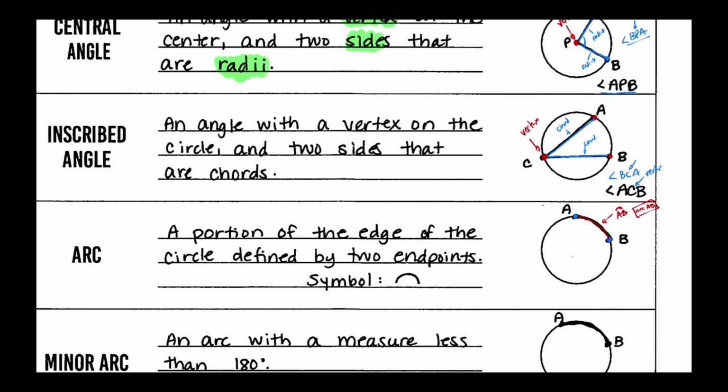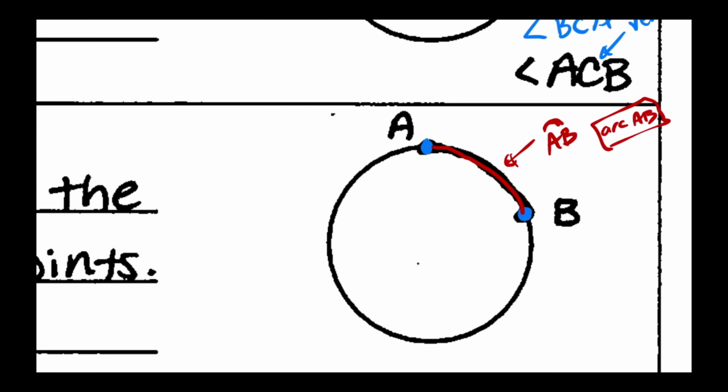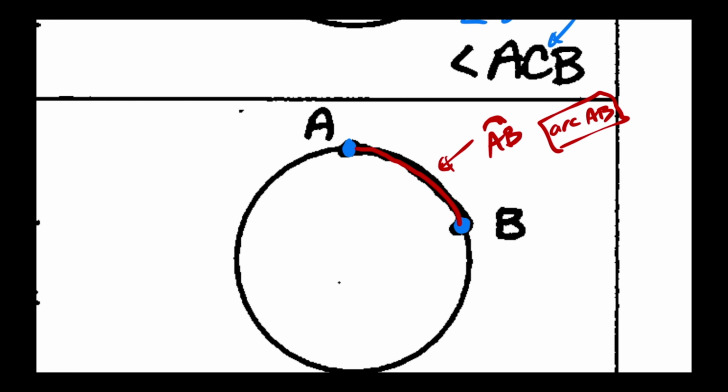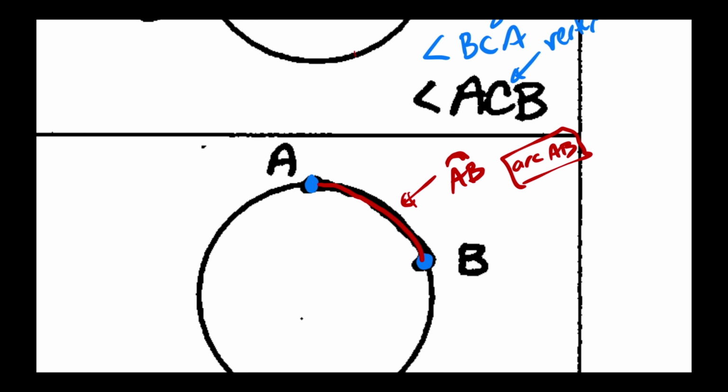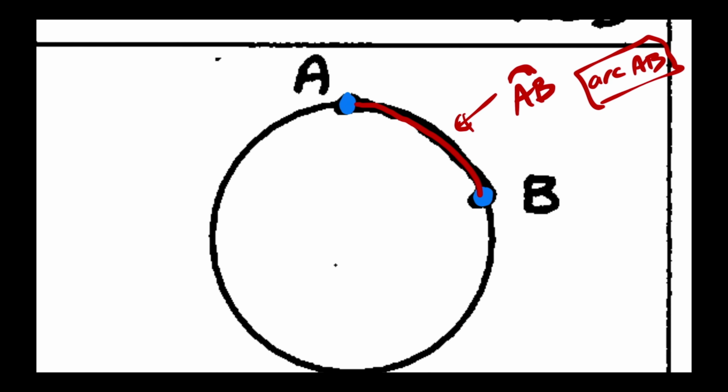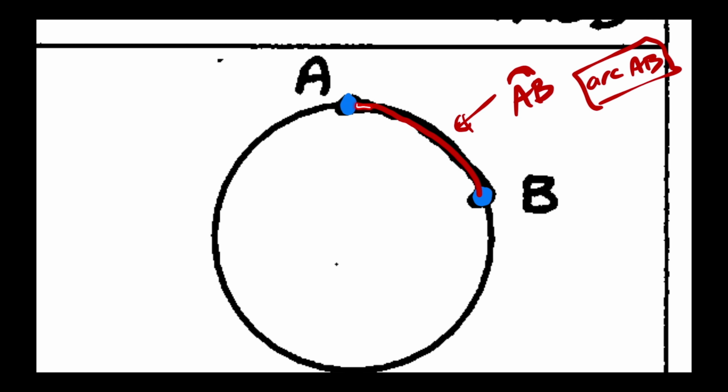Now, some of you are saying, Mister, there's two ways we can go. If I have 2 points right here, since it's a circle, can't I go this way? When you say arc AB, how do I know which way to go? How do I know that it goes this way and not this way?